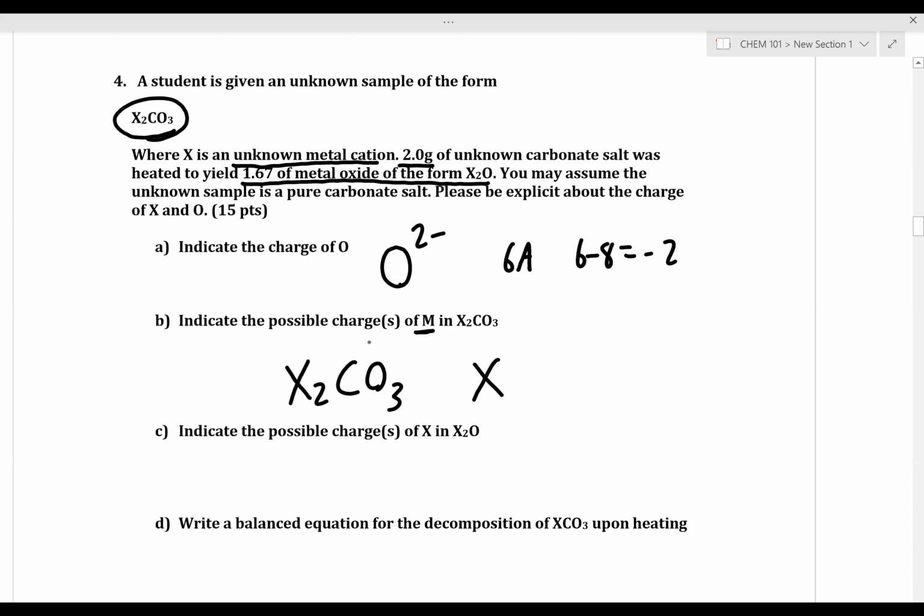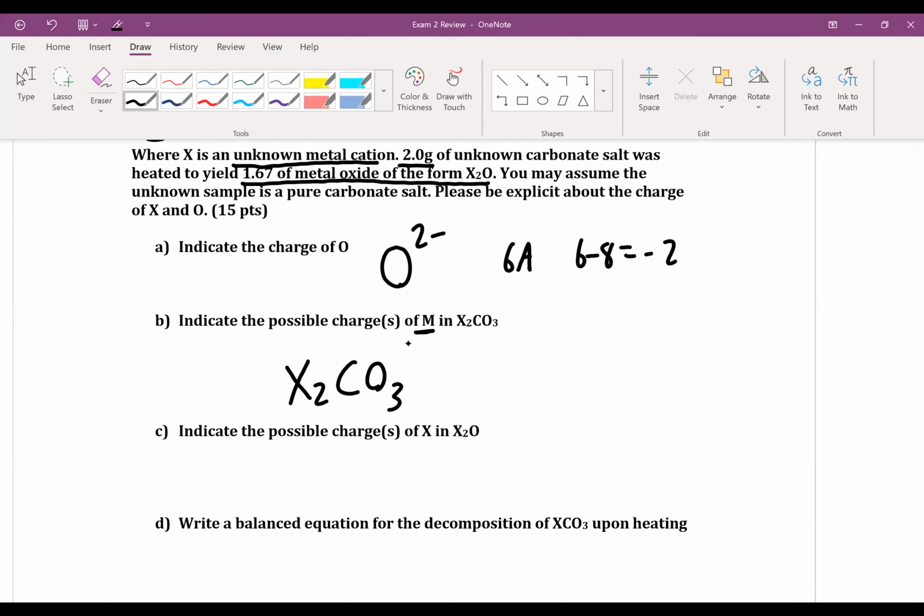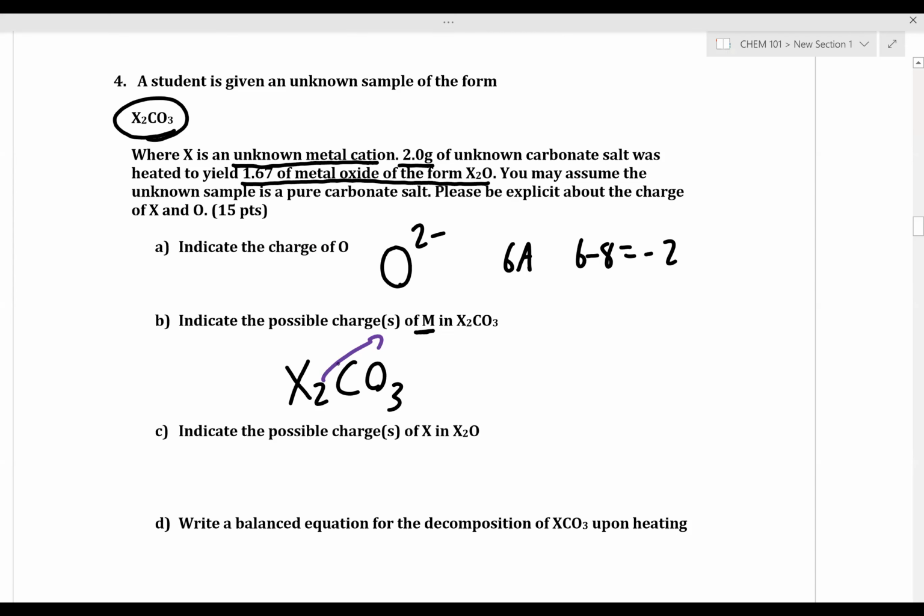So let's think about this really carefully. If we reverse cross our charges and we want to figure out our charges from the formula, we'd end up with a predicted charge of X of +1 and a predicted charge of carbonate of 2-. Does that make sense with our literature charge for carbonate?